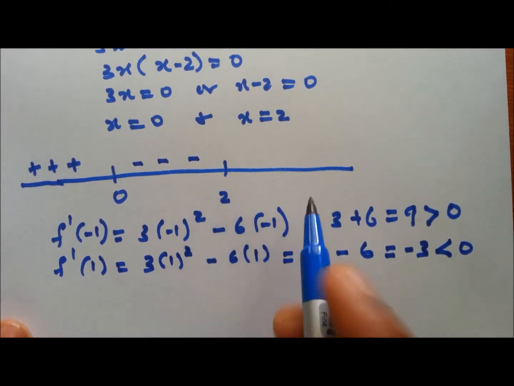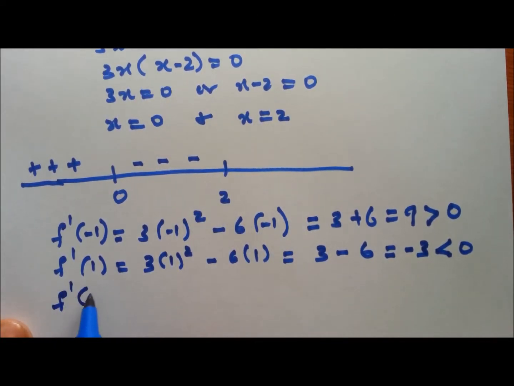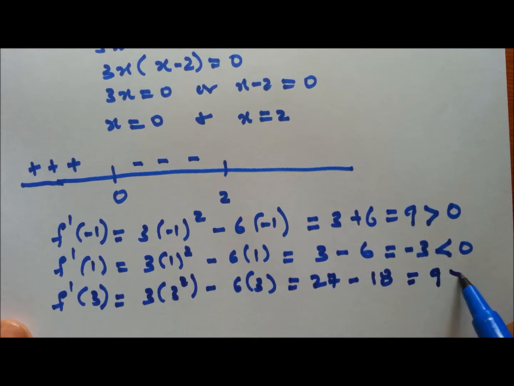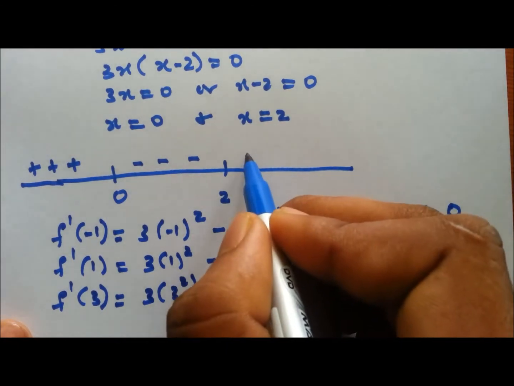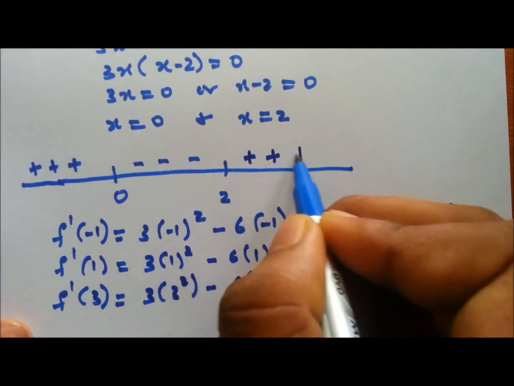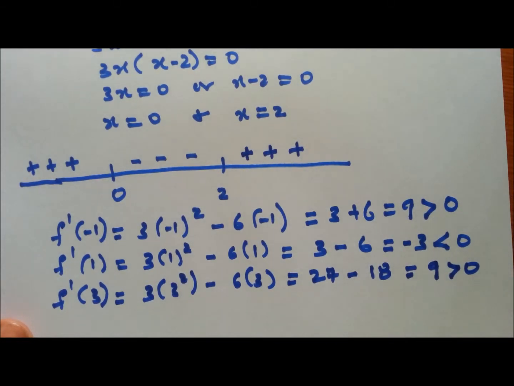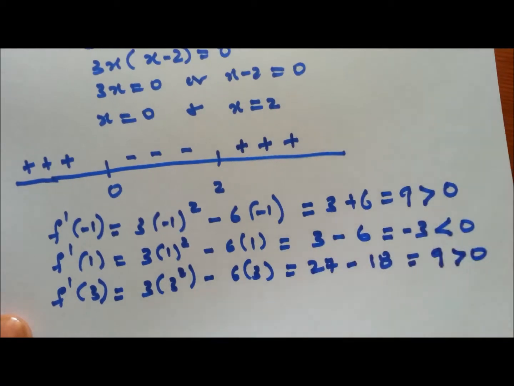Then a number greater than 2: f prime of 3 is 3 times 3 squared minus 6 times 3. 3 squared is 9, 9 times 3 is 27, minus 18 is 9, which is greater than 0, so the gradient here is again positive.